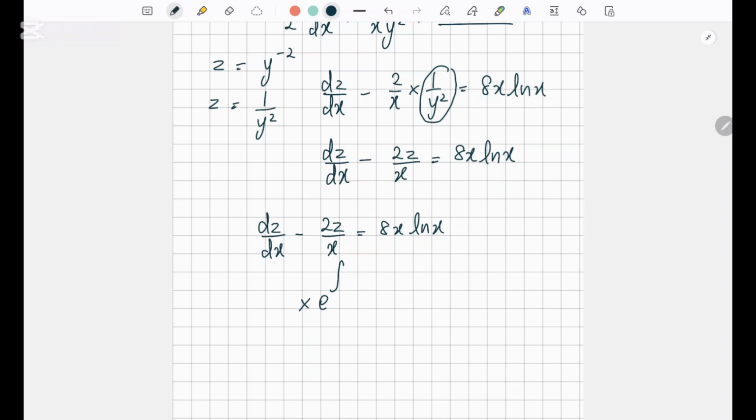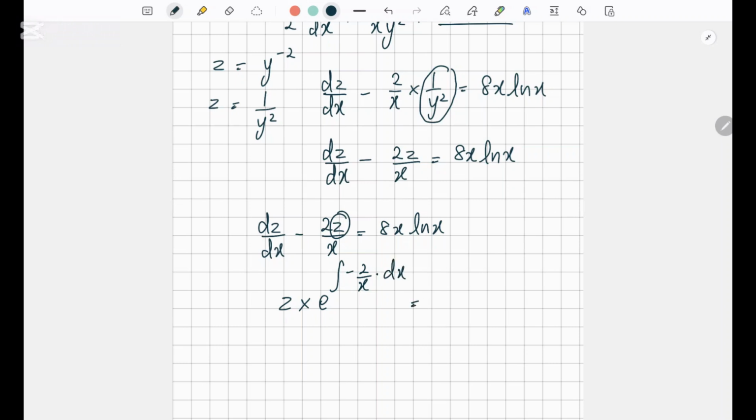Now in this case it's not going to be y, it's going to be z, because z is our main term, right? I'm sorry about that. I used y because we usually have questions with y and x, right? So in this case it would be z into e to the power the integration of the coefficient of z over there. So the integration of minus 2 over x dx.